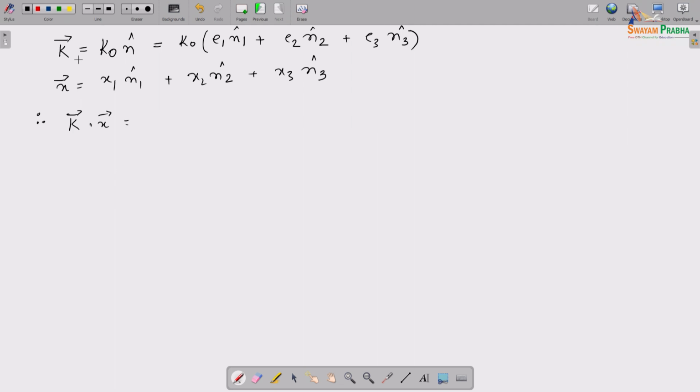So the dot product of k and x, I can write that as k naught E1 x1, and the dot product of n1 and n1, plus k naught E2 x2.